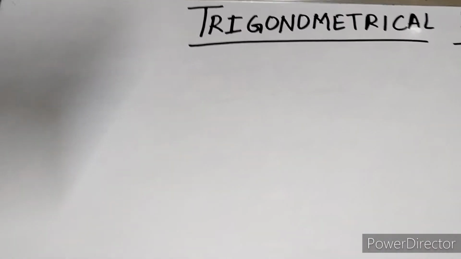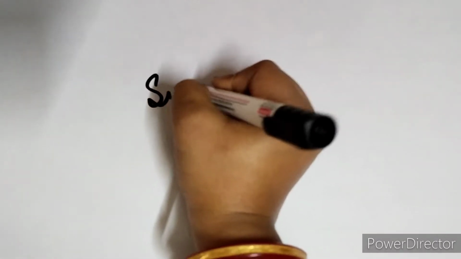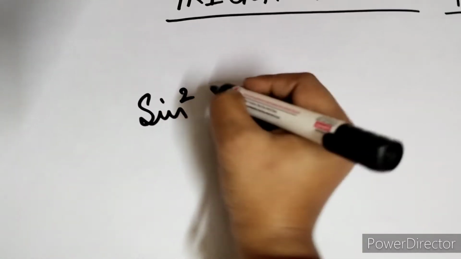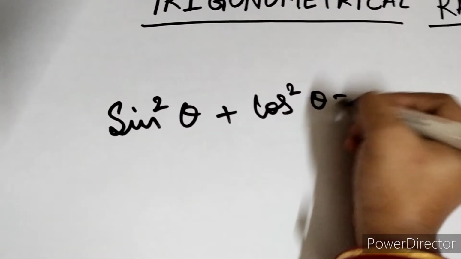In this video I am just giving you the basic knowledge about the trigonometric ratios and angles. I'm not doing the sums, I'm just giving you the basic knowledge about the chapter. There are a few formulas also, this is an identity actually. Sin square theta plus cos square theta equals 1.